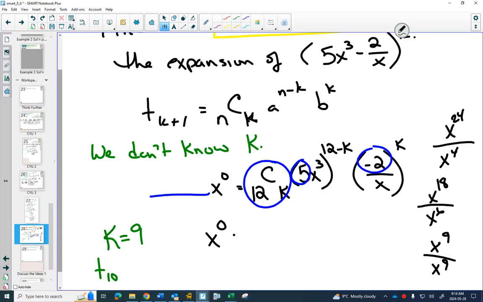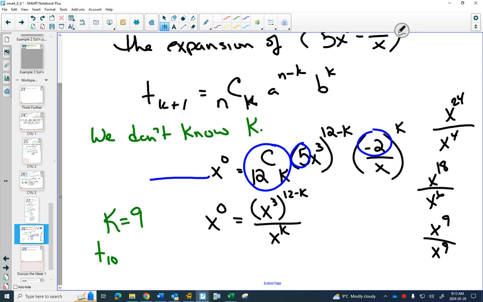The algebraic part says if I ignore the coefficients and just look at my x's, I have some x's, right? Those would be the x's in my numerator, and these would be the x's in my denominator. If I use my exponent laws, I would multiply here and subtract here.